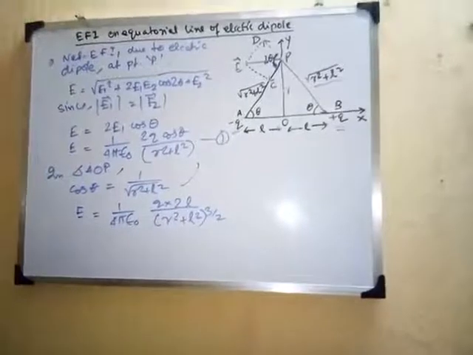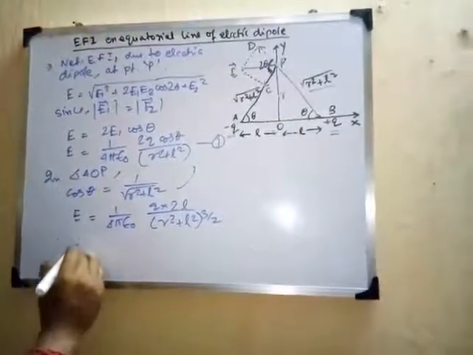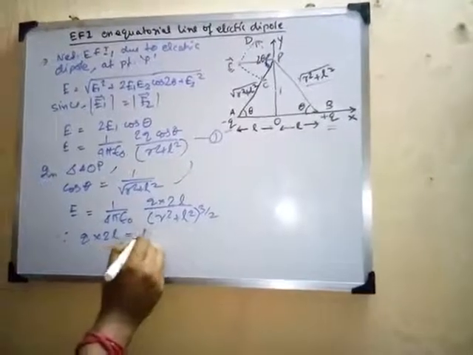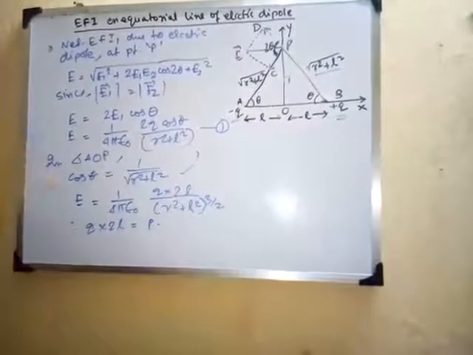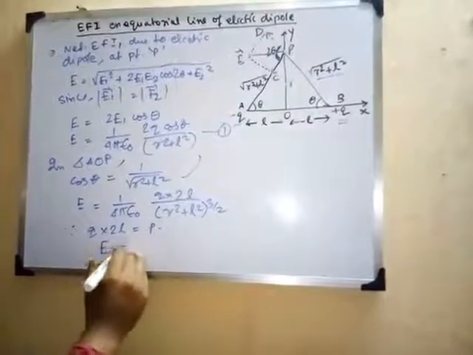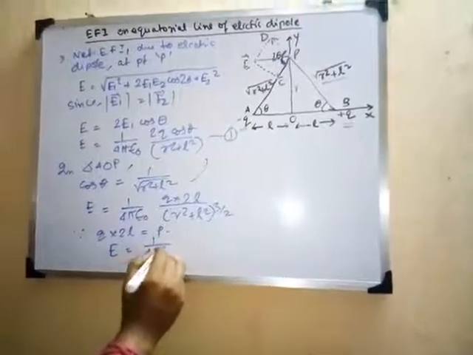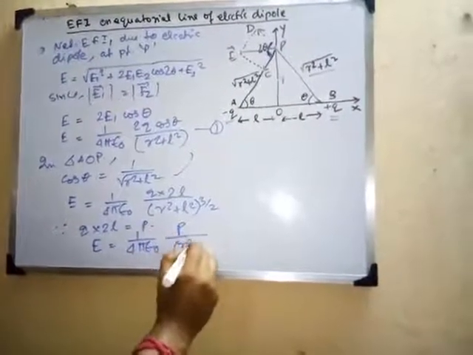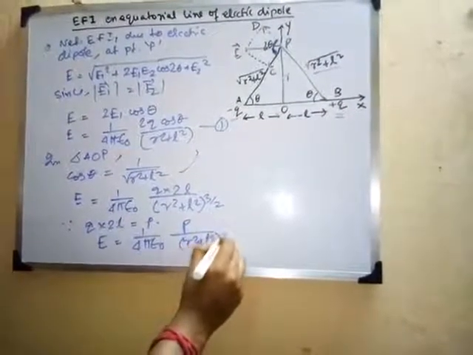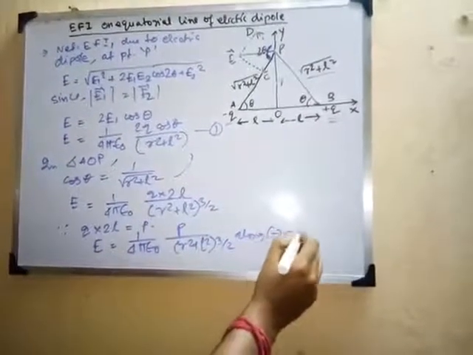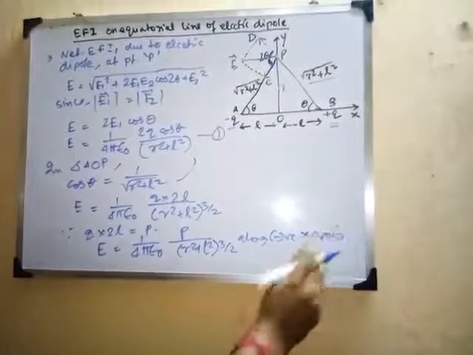This is obtained. Now since q cross 2L equals P, we can write E equals 1 by 4 pi epsilon naught P by R square plus L square to the power 3 by 2, along the negative x-axis, right?